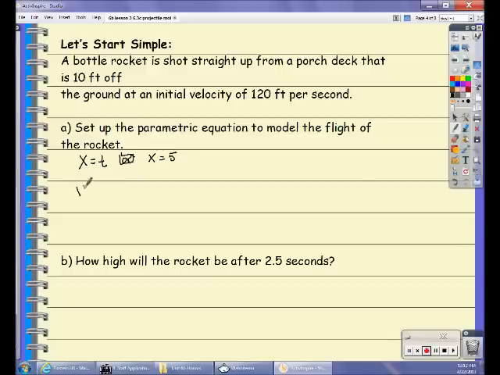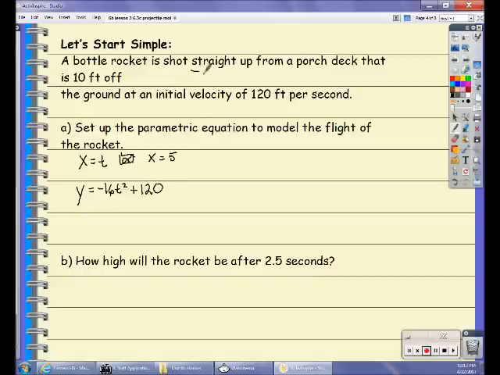For the y equation, this is the one that most people have to really think about. We start with our acceleration component, negative 16 t squared. Then we add in our speed component, 120 feet per second.